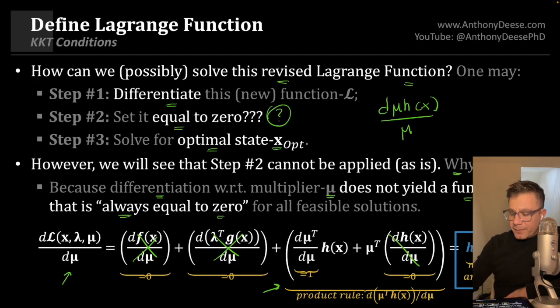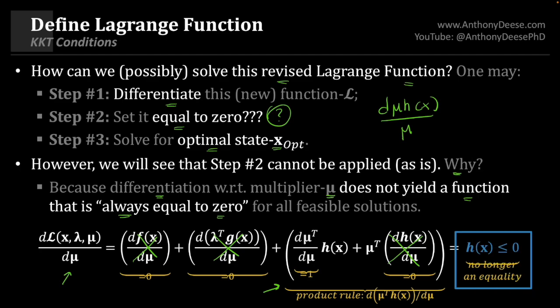All right, and so these two elements are multiplied together, so we apply the product rule. Now the second chunk where we differentiate h of x with respect to mu goes away because h is not a function of mu. But this piece right here remains, right? We have the derivative of mu with respect to mu, which obviously is going to give us a 1, and that leaves us with h of x over here.